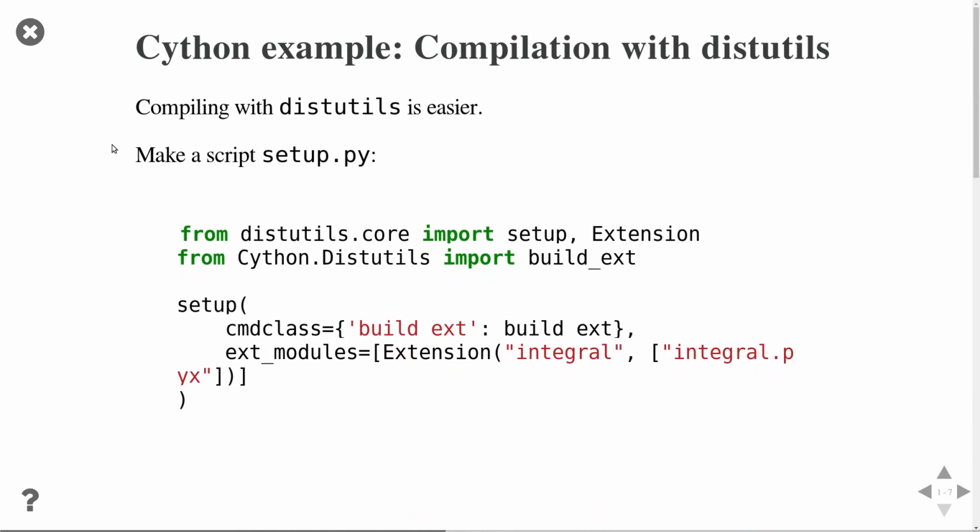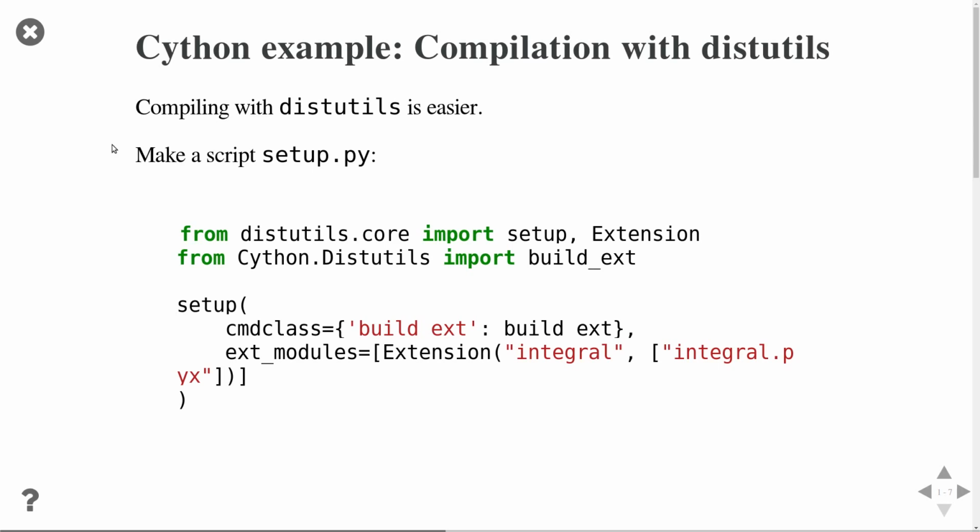There's actually a much more convenient way of compiling it, and that is with distutils. You've learned this before with the modules. We can write the setup.py file. This is a normal setup.py file, except that I also import Cython.distutils. That allows me, in my setup routine, to provide these ext_modules where I specify extensions, and I can also add pyx files in here.